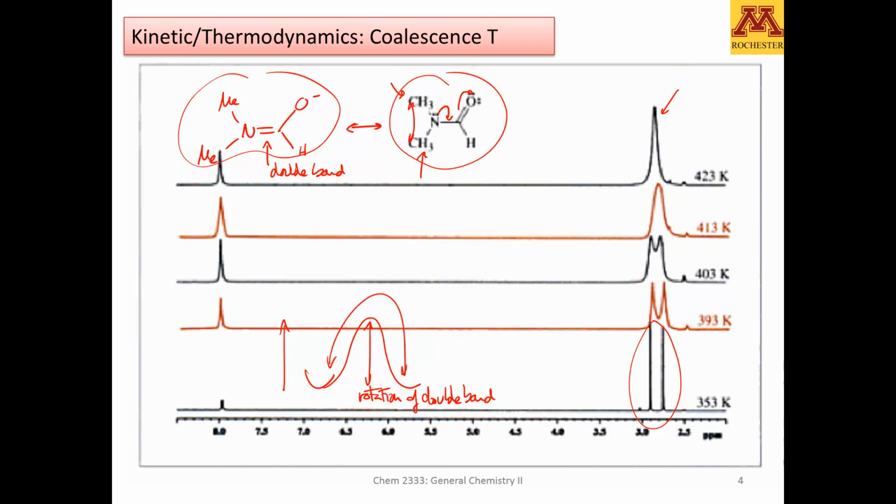These can go back and forth, so at higher temperatures, the methyl groups only show one single signal, a singlet, in your NMR spectrum. However, at lower temperatures, these two methyl groups are not equivalent because they are trapped because of kinetic factors. They are trapped in their wells of energy.